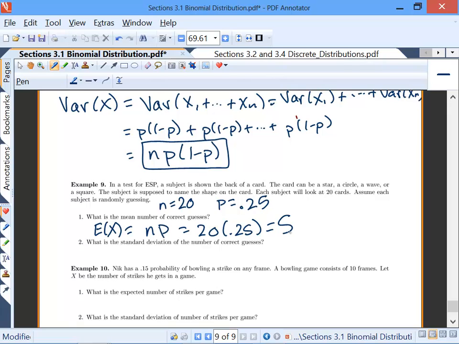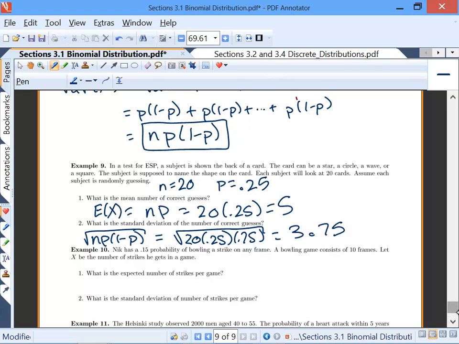And what is the standard deviation? We don't have a formula for standard deviation, but we know it is the square root of variance. So the square root of n p times 1 minus p. Is this a lot easier than figuring out the whole PMF, all of the probabilities, all of the x values, and using the long formula?